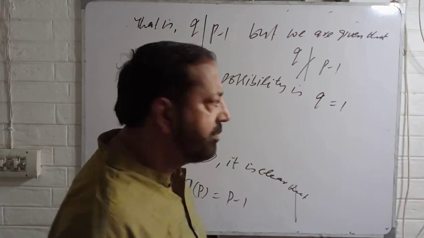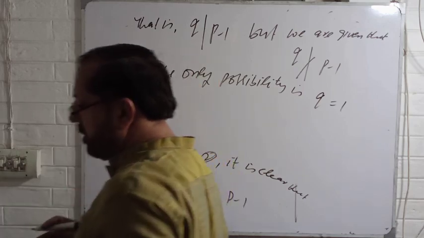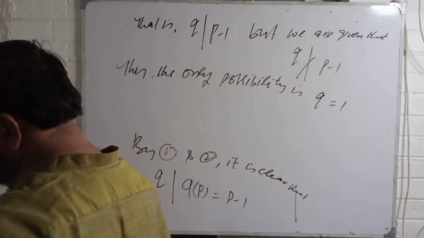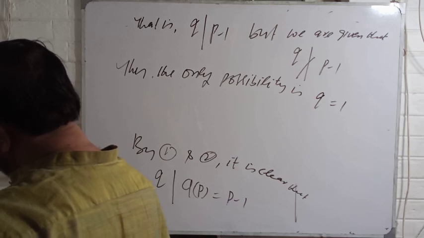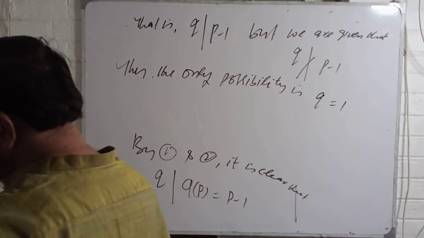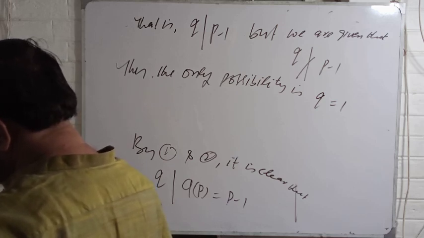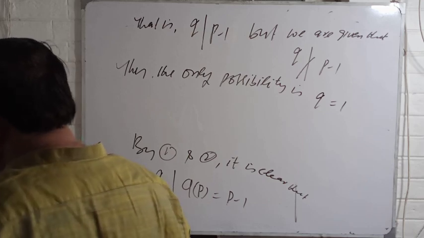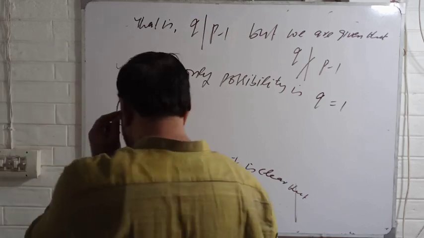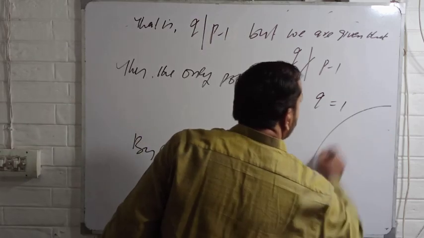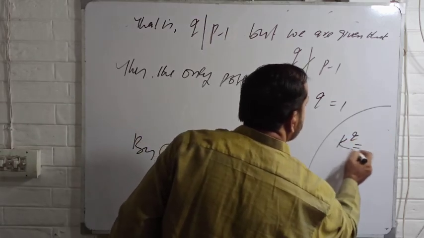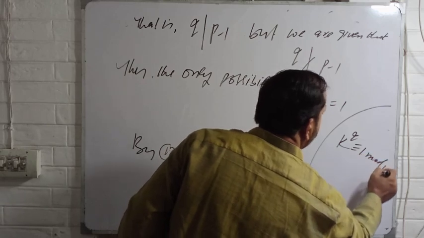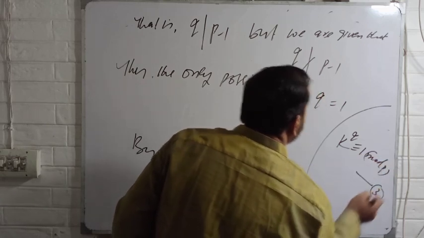Putting it back in 3, you have this k power q is congruent to 1 mod p. Say this is number 3.